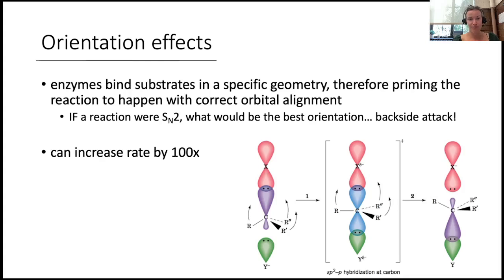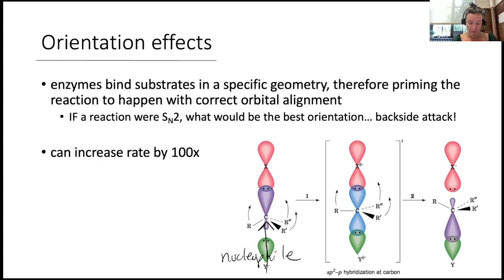As an example, probably one of the more simple examples we can think about is a reaction you learned way back in Organic Chemistry 1, the SN2 reaction. Pictured on the bottom right of the screen is an SN2 reaction. In this reaction, you see our nucleophile performing a nucleophilic attack, and its alignment is with this orbital it's about to bump into.